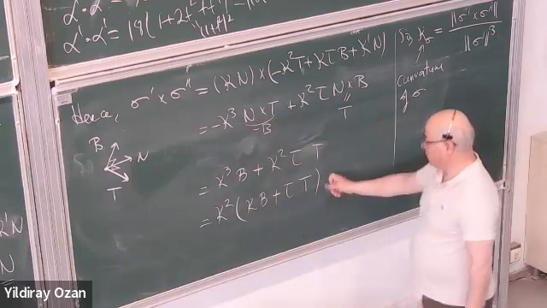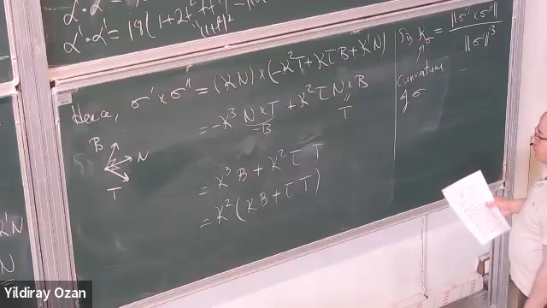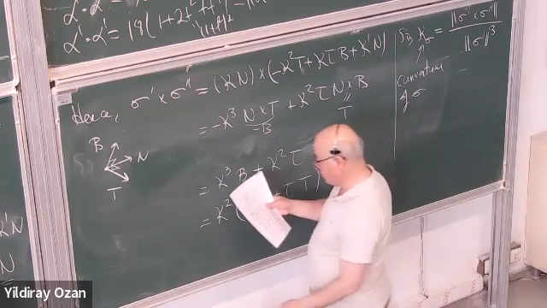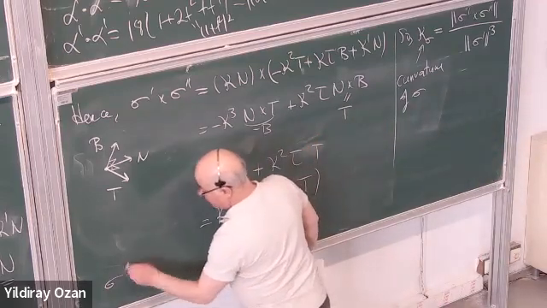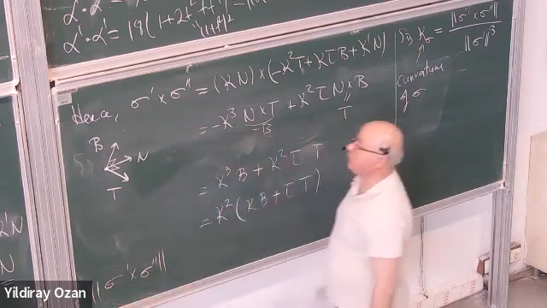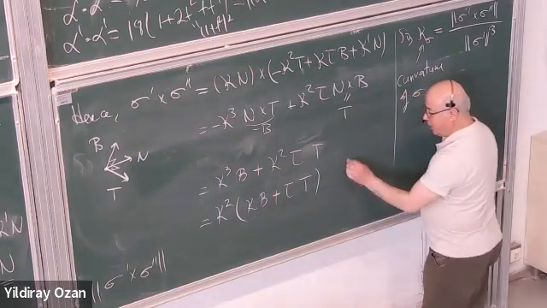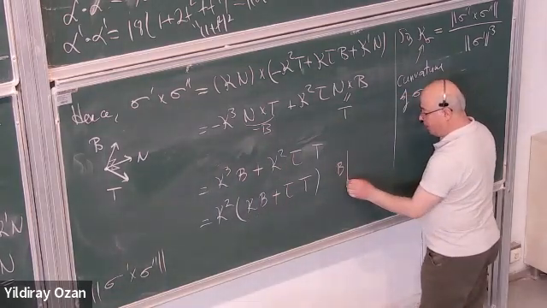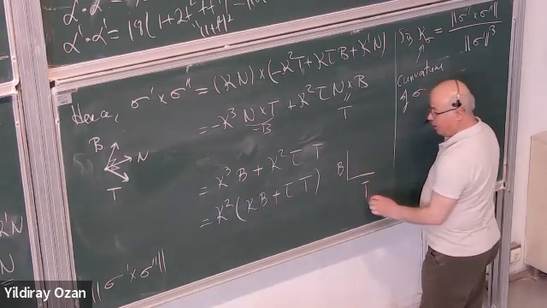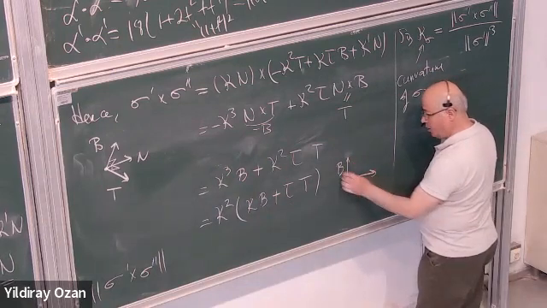Now I have all these quantities. Norm of this, what is the norm of this vector? Okay. Well, this is a right triangle, right? I have this vector b, and I have this vector t, and in these directions I have kappa and tau.